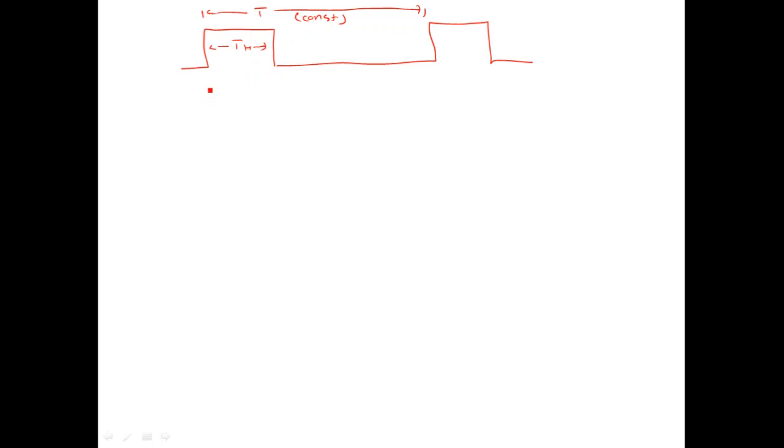The constant value of the period is decided by the content of the PR2 register, which is 8 bit, and therefore an 8 bit number has 256 different combinations. So your PR2 is 8 bit, so it may go from 00 to FFH maximum. There are 256 steps in which you can change the period.